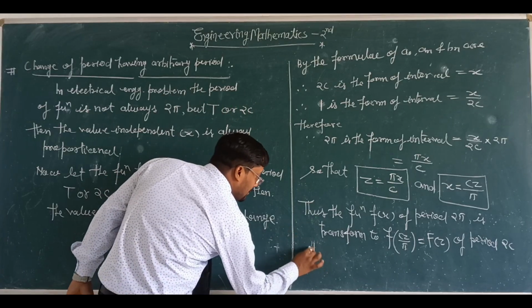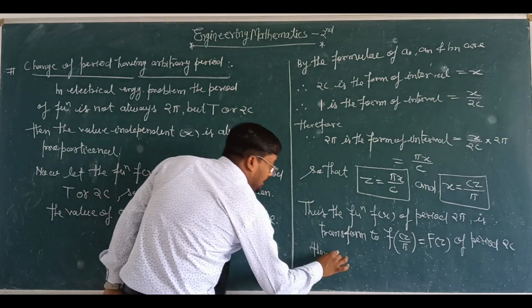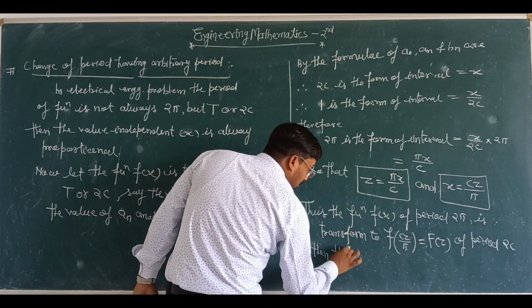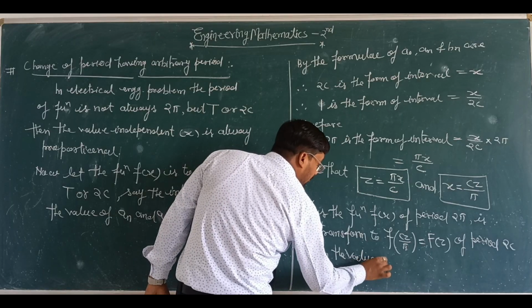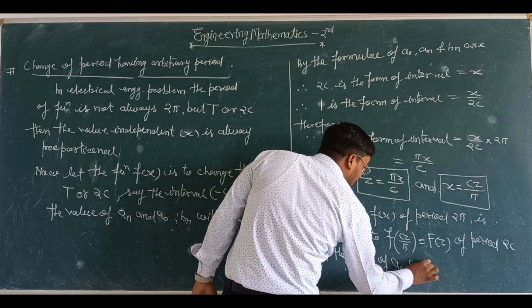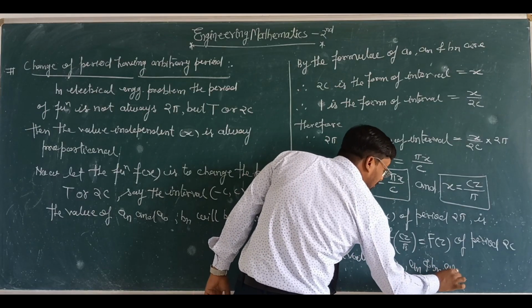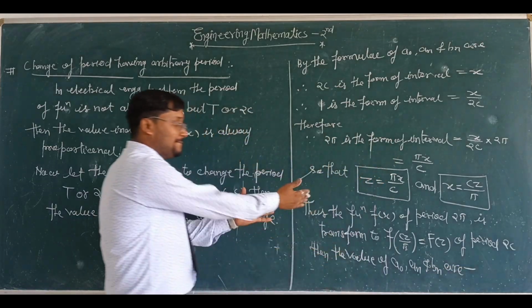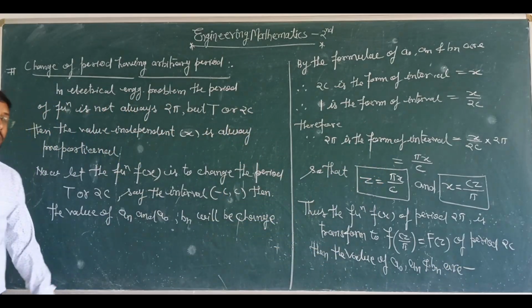Then the values of a naught, an and bn are... now you can note down this problem.